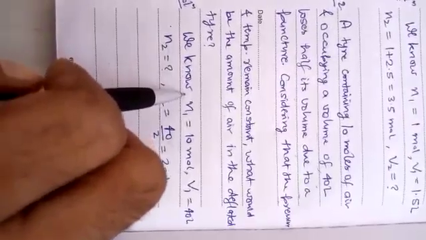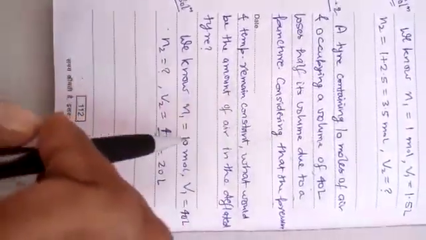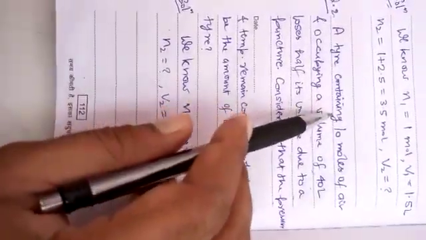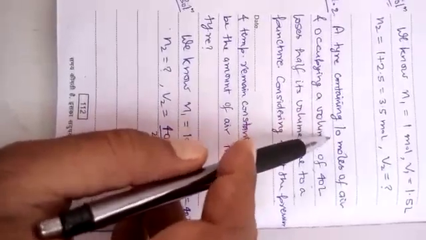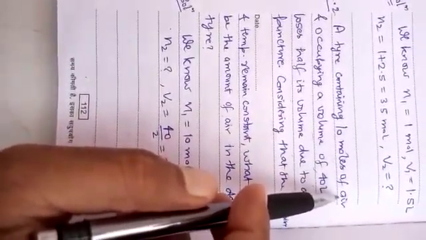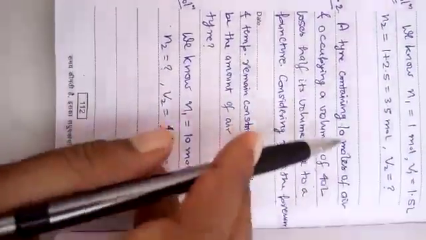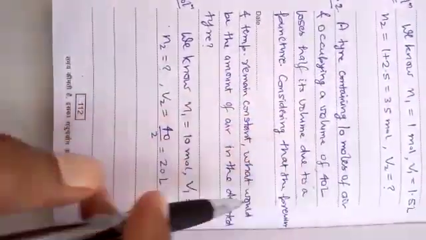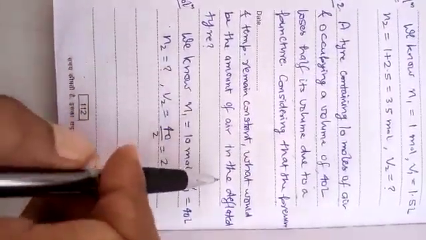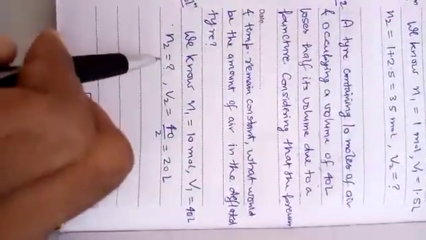Now in this case again we will write down what we know from the question. Here n1 is equal to 10 moles, means initial number of moles of gas. Here gas is not specified, it is taken as air, 10 moles. What is the initial volume? 40 liters, occupying a volume of 40 liters. Now what we have to find out is the amount of air, means we have to calculate n2.